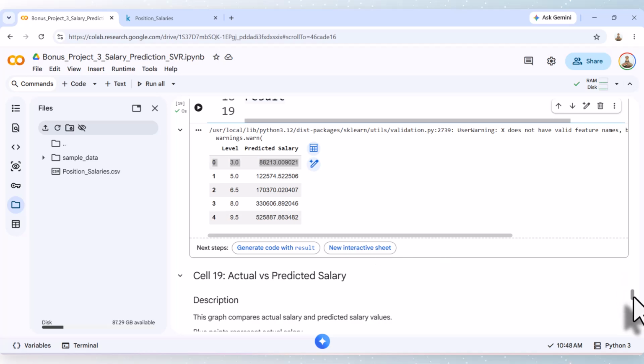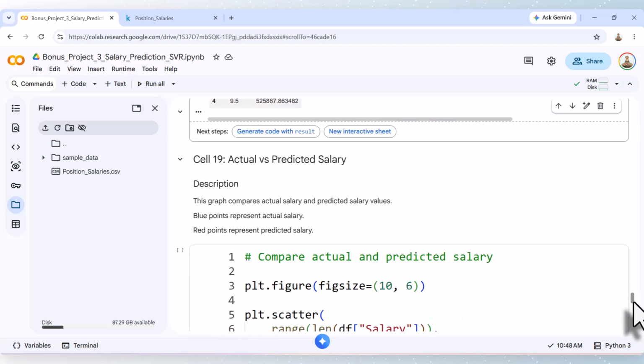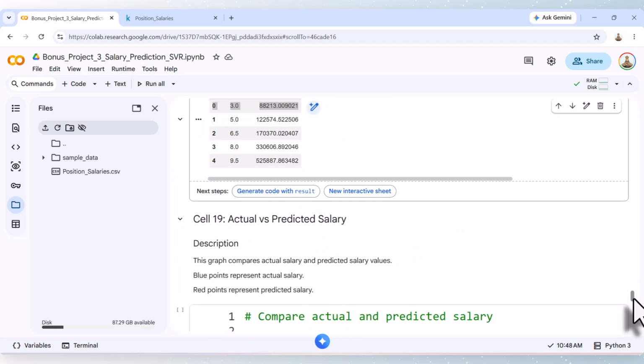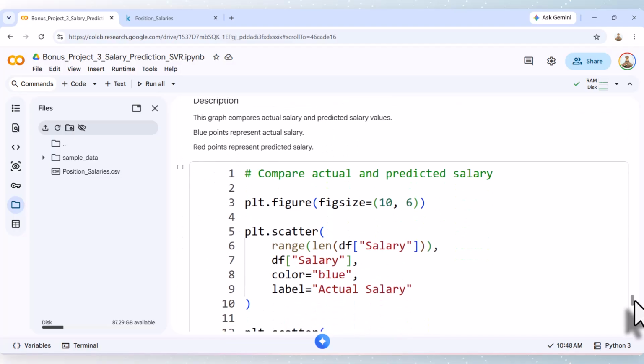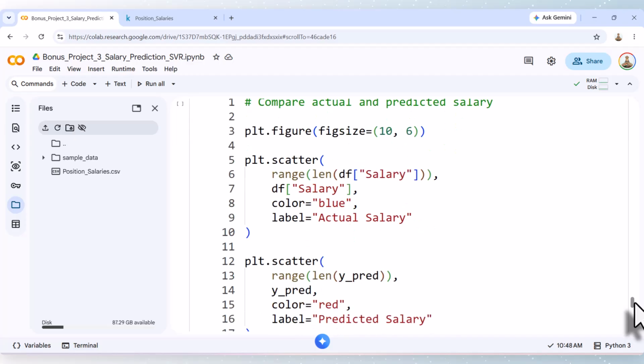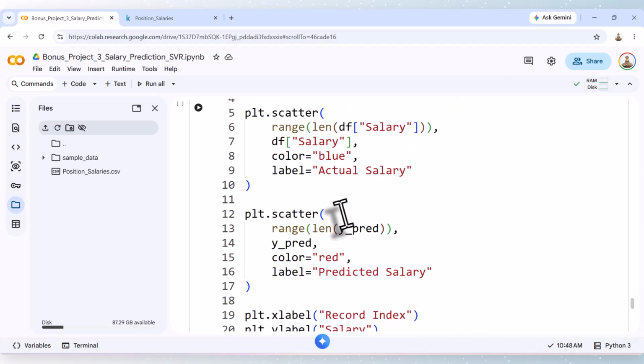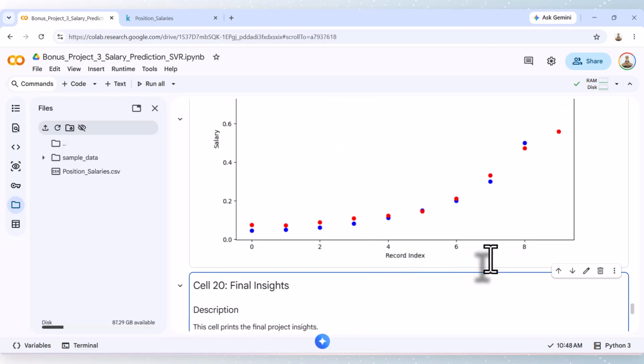And the same thing, I am going to display a plot which is actual versus predicted salary. This graph compares the actual salary and the predicted salary. Here again, blue points represent the actual salary and red points represent the predicted salary. If you print that, you can see the actual values and predicted values.